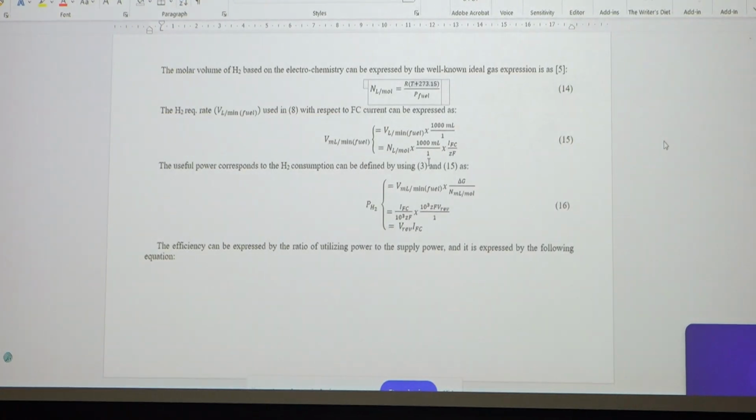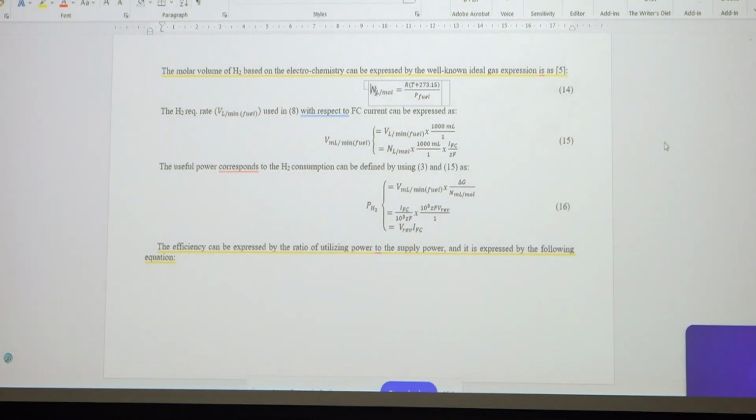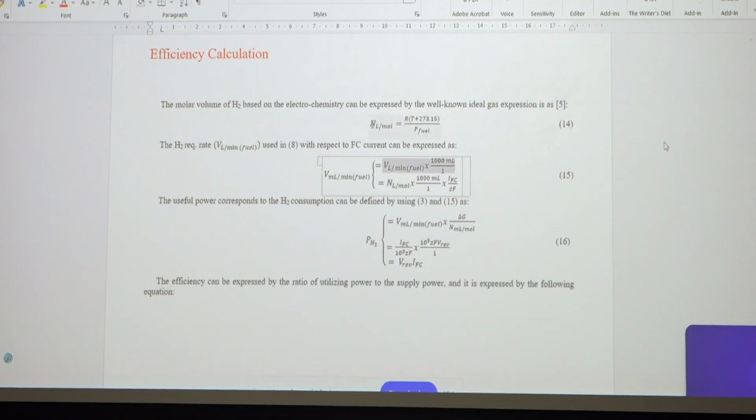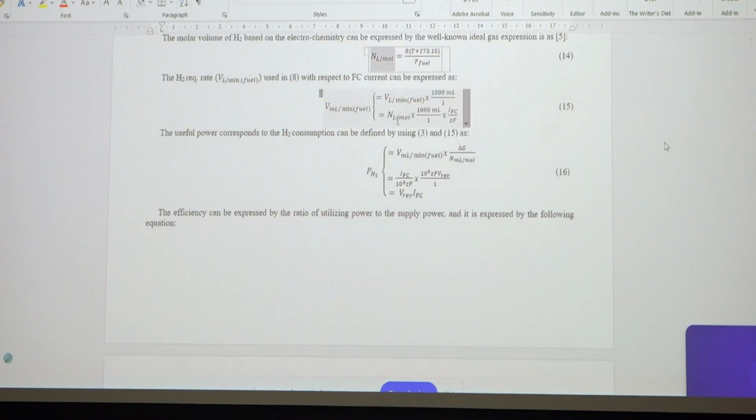From here we can represent these equations in terms of time, that means milliliters per minute. We can use these equations, then rewrite them in terms of the parameters we have here, just replacing this one.